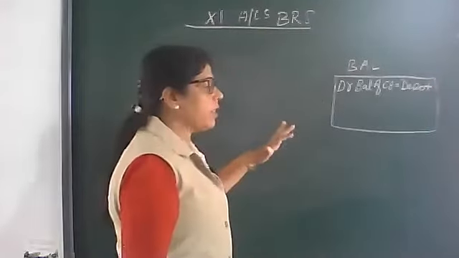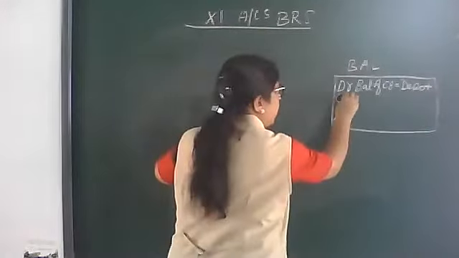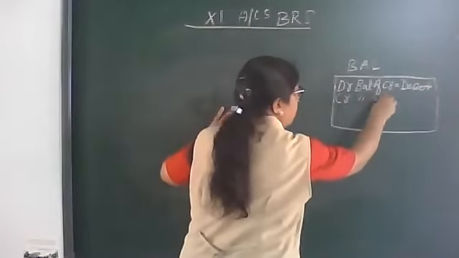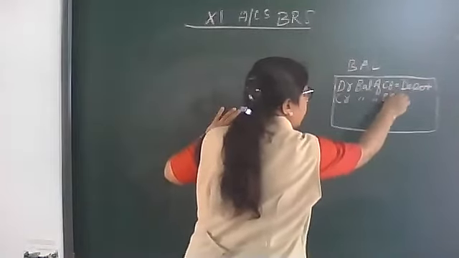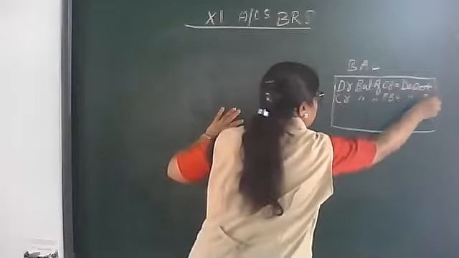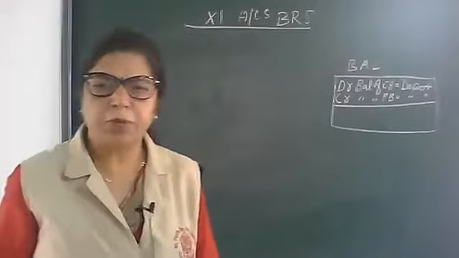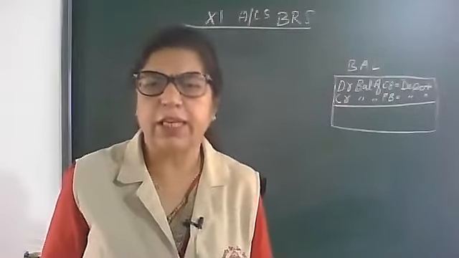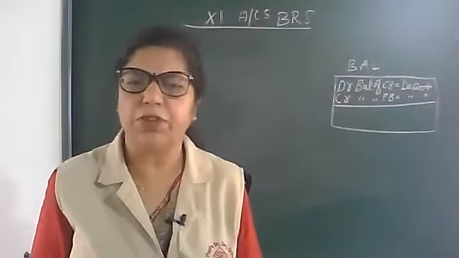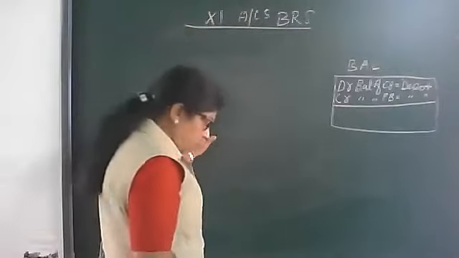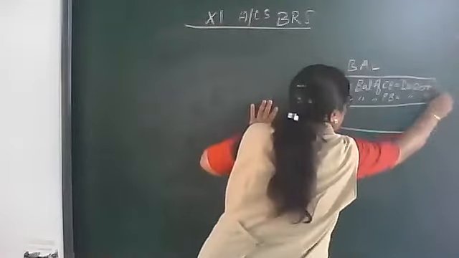Just reverse it: credit balance of PB, that is deposit and favorable. Debit balance of cash book means there is deposit and your balance is favorable, or you can say plus.